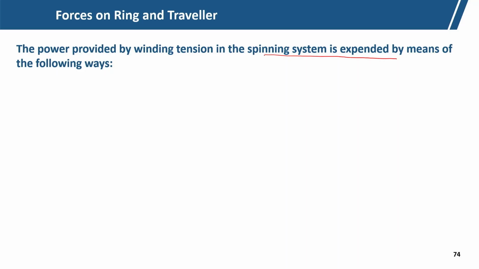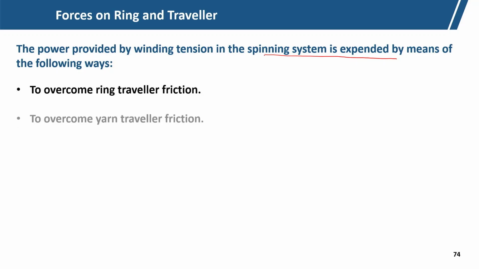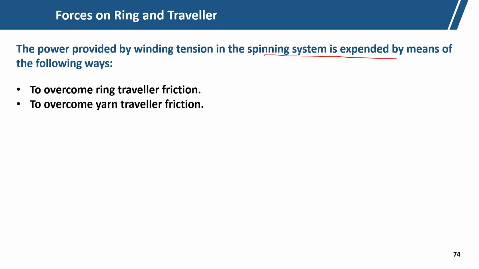So, whatever power the winding tension provides is used to overcome the ring traveler friction, and to overcome the yarn traveler friction. So, one is the ring traveler friction, then the yarn and traveler friction.